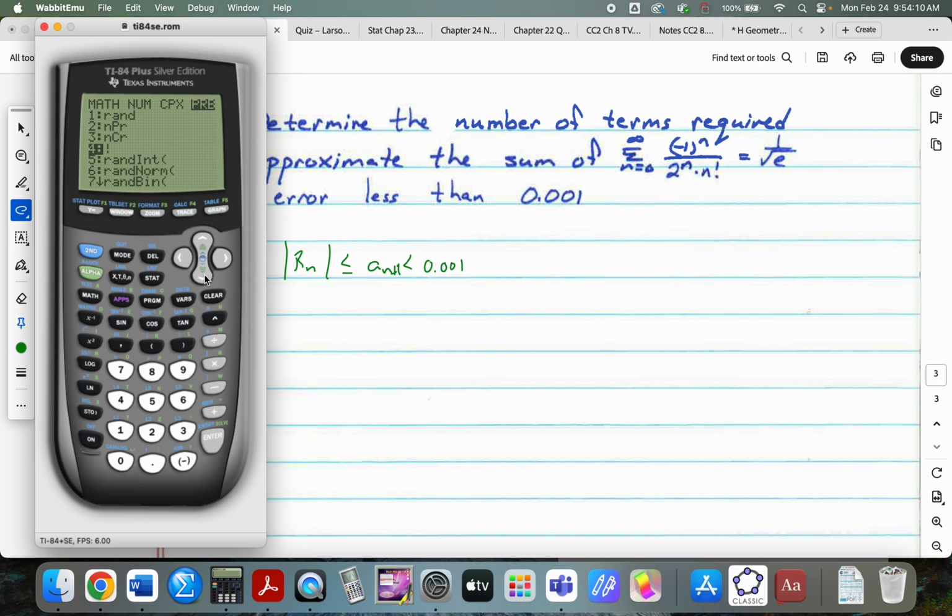There's probably other places to get to it, but that's where I do it. And then I'm going to set up a table where I'm going to start at 1 and increment it by 1, and I'm going to let it automatically do it.